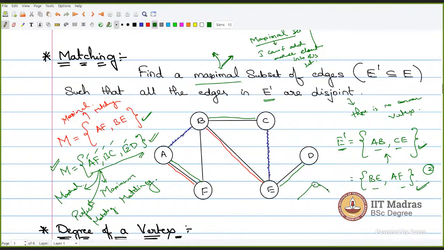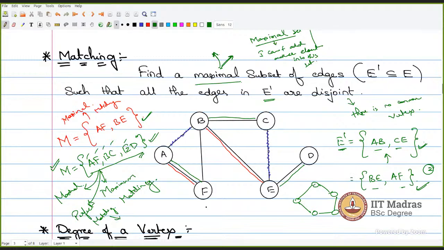If your graph is like this, in this particular graph, if I try to find the perfect matching, remember what I said about perfect matching.